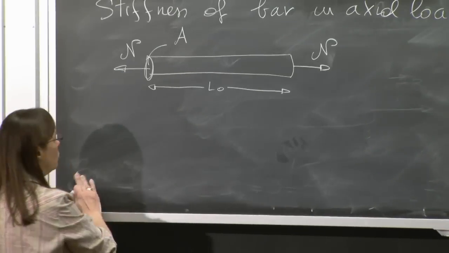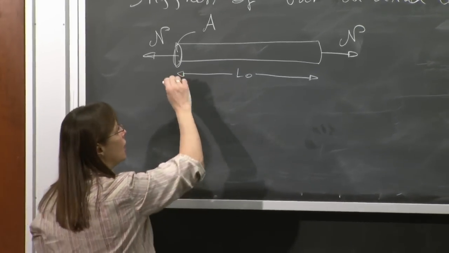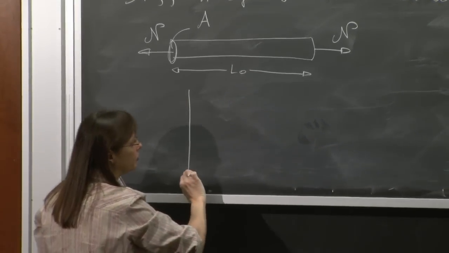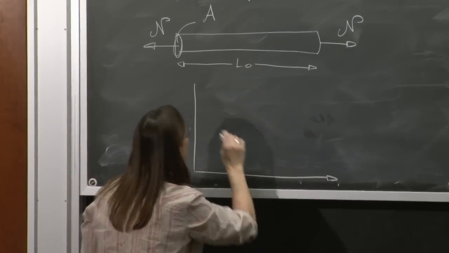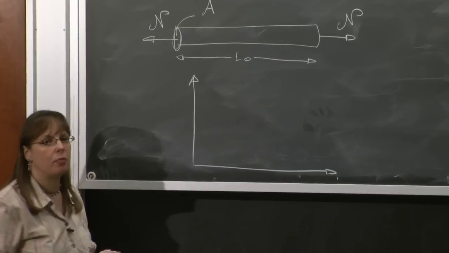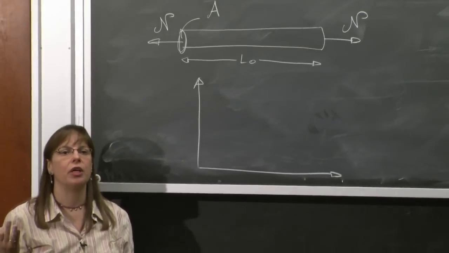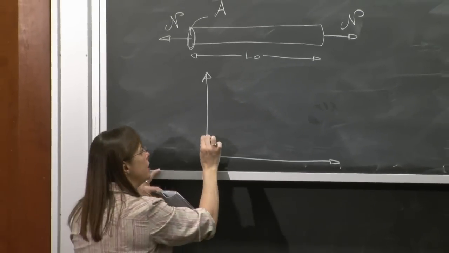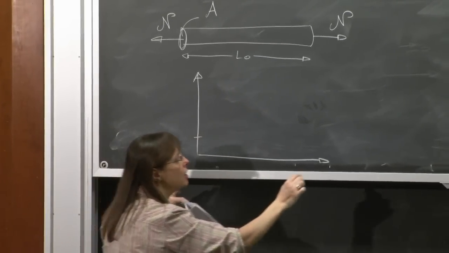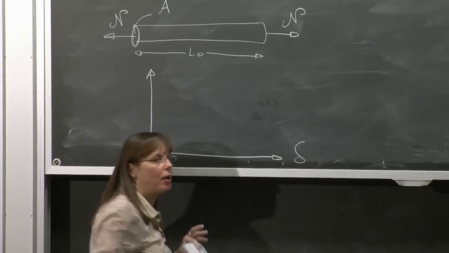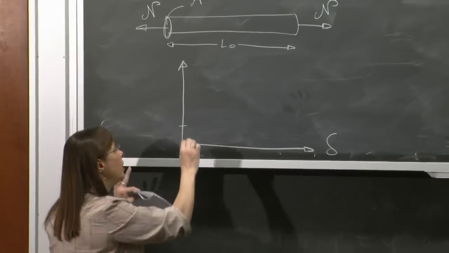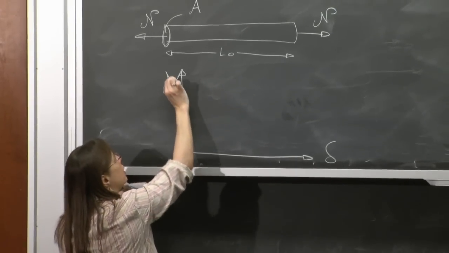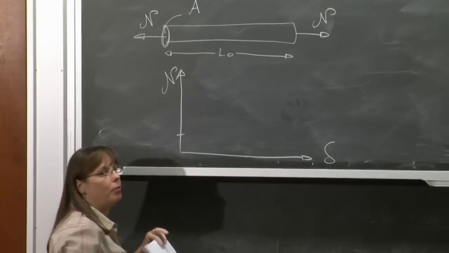And then I want you to think of a mental experiment. I take this bar, and I start pulling on this bar with increasing axial forces. So I pull at this level of force, and I measure how much the bar gets longer. So I pull a little bit. So this is N, how much I pull on the bar.